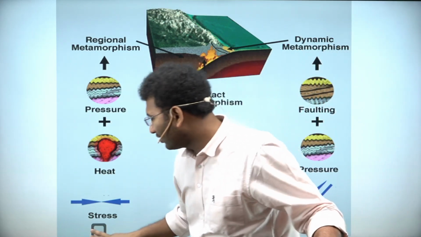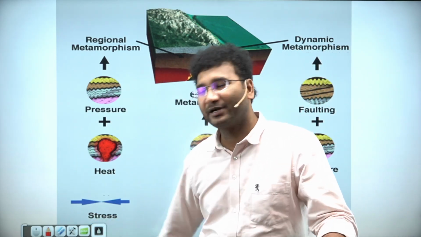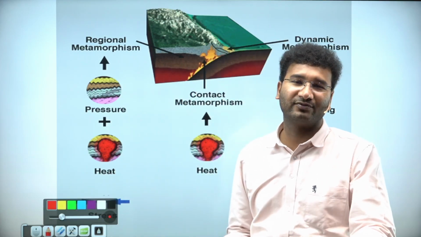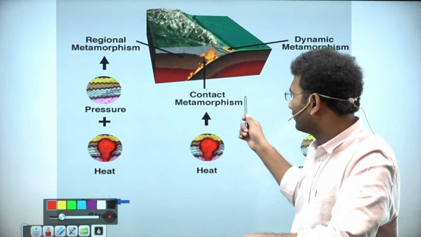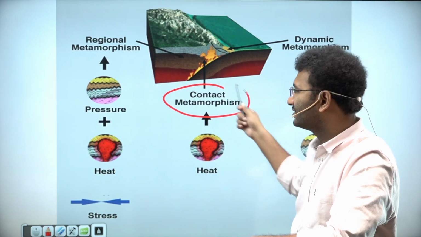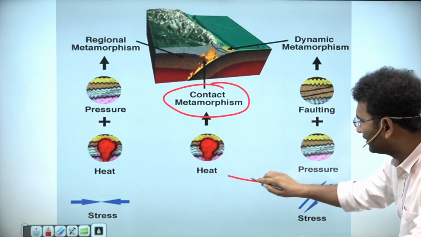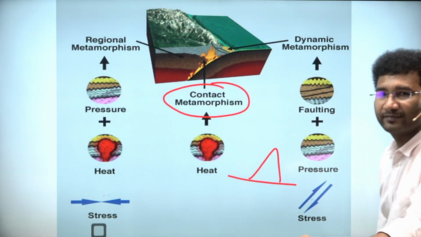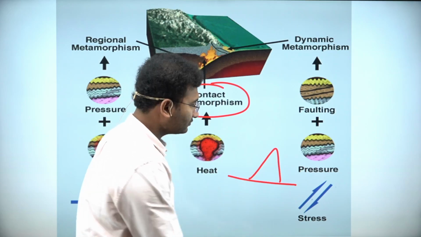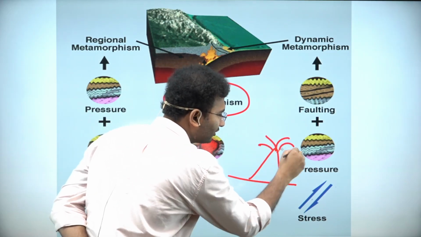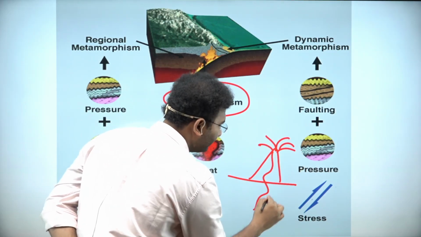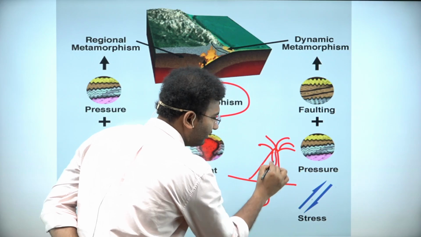See, you already know thermal metamorphism and dynamic metamorphism, but I am adding two more types of metamorphism. One is contact metamorphism. Contact metamorphism means, for example, let's imagine that there is a volcano, okay? And this volcano, it is trying to come out. The vent will be from beneath, and the volcanic material is trying to come out.